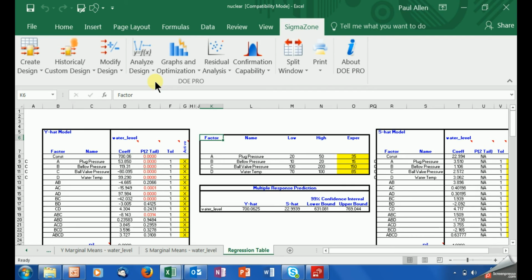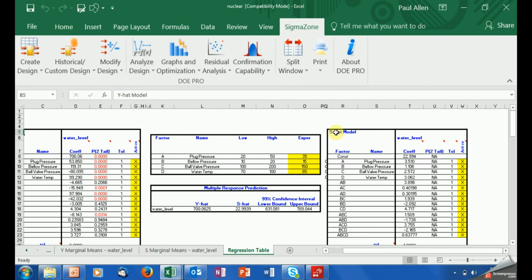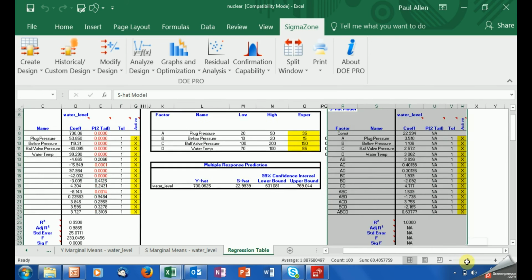Now, just a reminder for you, if you've used this software before, over here on the left hand side of the picture is the model to hit the mean, the model that moves the average around, known as the Y hat model. Hat just means it's a predicted value, not an observed value. If I scroll over here a little bit, we have the S hat model.